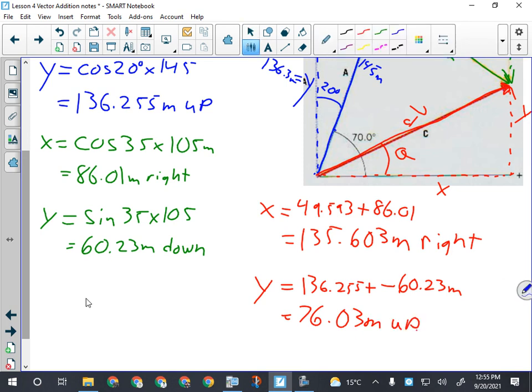Okay, and just so that you're not confused here, this was blue y, and this was blue x, okay, and this was green x, and this was green y, okay, just in case you're trying to trace everything. All right, so now I can say that this is 135.603, and this is 76.03.